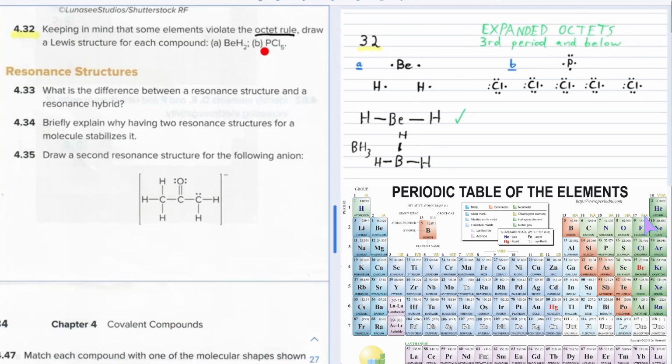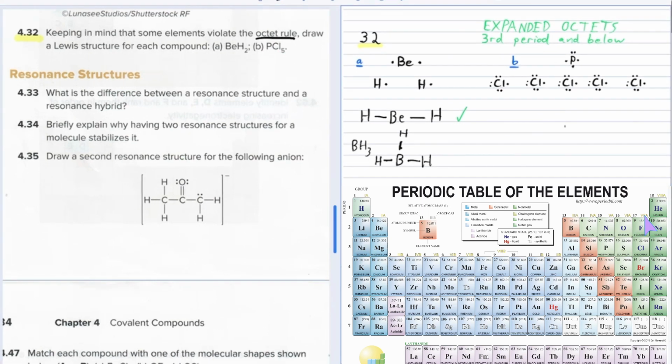You've got 1 phosphorus and 5 chlorines. The chlorines are going to surround the phosphorus. So you put phosphorus in the middle, maybe a chlorine up here, 1 down here, maybe 1 over here, and maybe 2 over here.